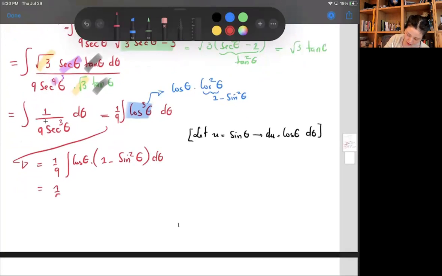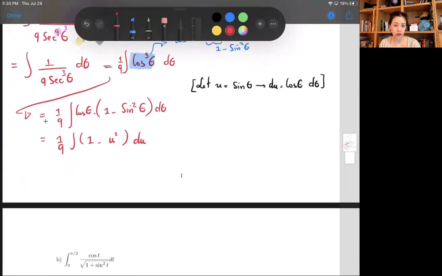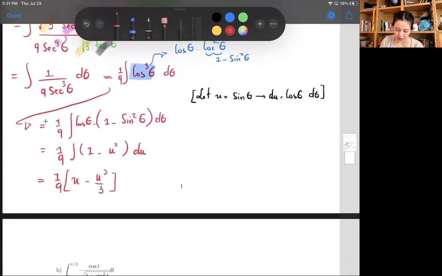We have 1/9 times the integral of cosine theta d theta, that's du, and then inside the parentheses is 1 minus u squared. Now we can integrate. This is equal to 1/9 times u minus u cubed over 3, plus c.